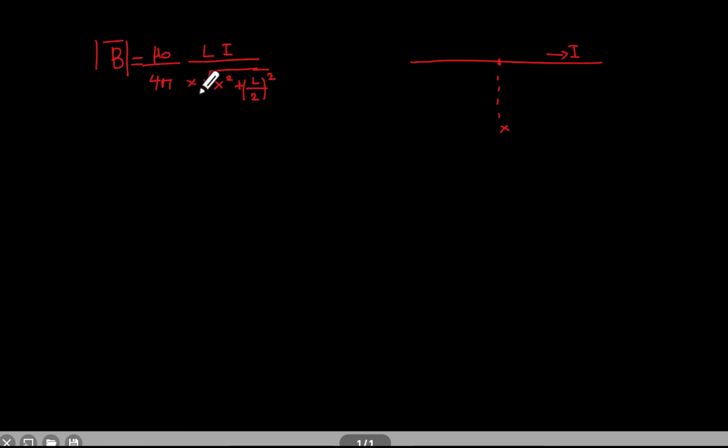Now, I really made no assumptions when I derived this expression. I just said it is a straight wire and has a length L and current I. Now, there are cases, and it does happen fairly often, that the observation location where we want to find the magnetic field is fairly close to the wire itself.